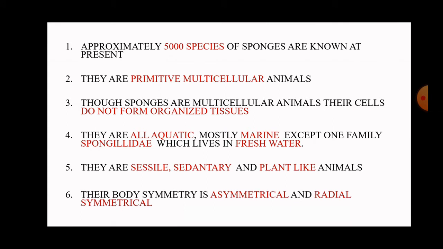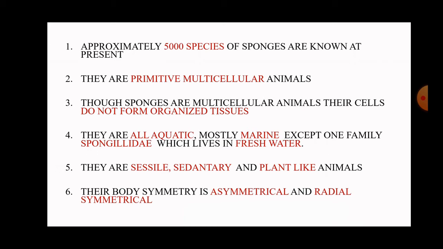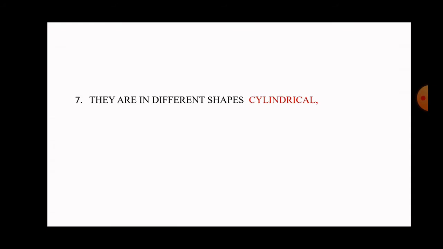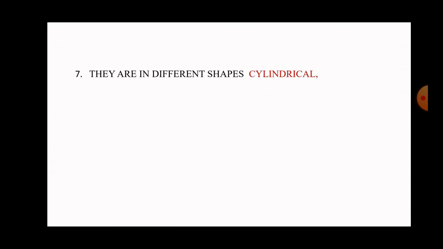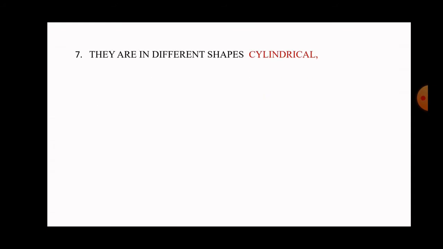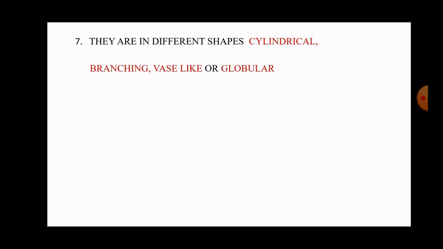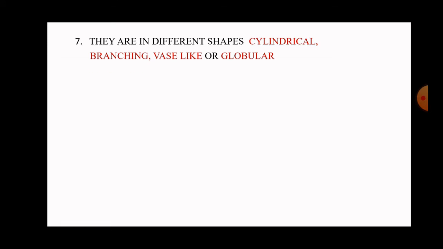Coming to their body symmetry, some of them are asymmetrical and the majority of them are radially symmetrical. They are in different shapes, maybe cylindrical, branching, vase-like, or globular.